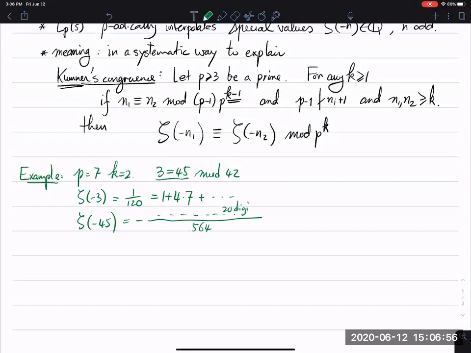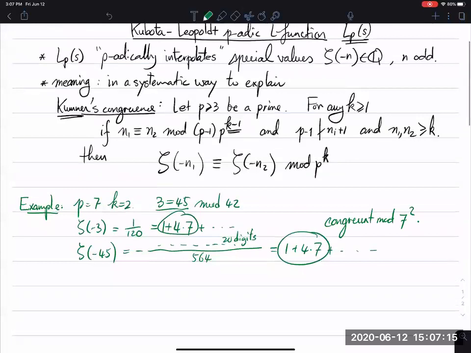I'm not going to write it. But if you expand it p-adically, this looks like 1 plus 4 times 7 plus something. So at least the first two leading terms are the same. So they're congruent mod 7 squared.